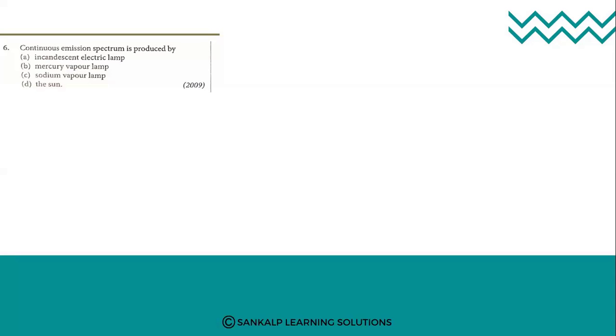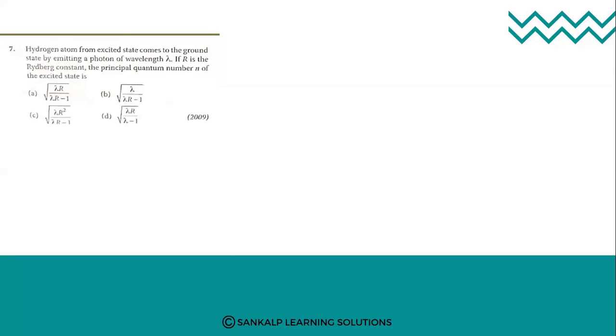Continuous emission spectrum is produced by, that is option A, that is due to the electric lamp. So here, the electric lamp gives continuous emission spectrum.